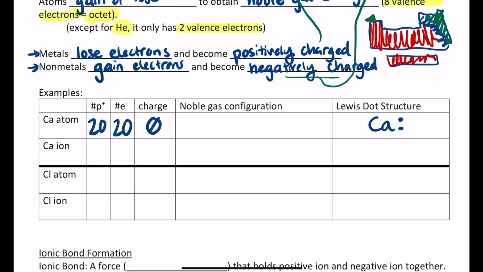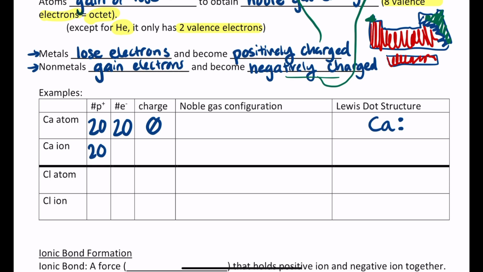Now, for the calcium ion, since it's still calcium, it's still going to have 20 protons. However, it's going to lose electrons since calcium is a metal whenever it ionizes. So when calcium loses electrons, you want to ask yourself, how many electrons is it going to lose?